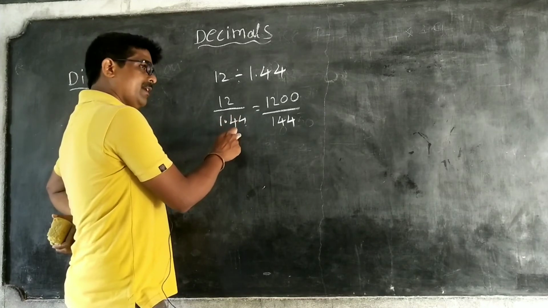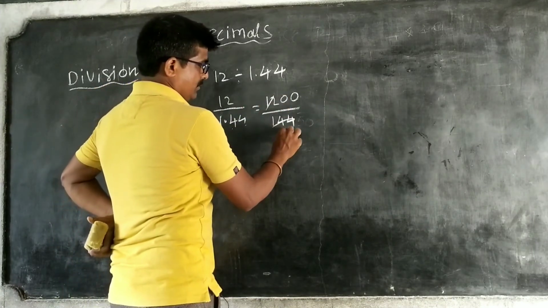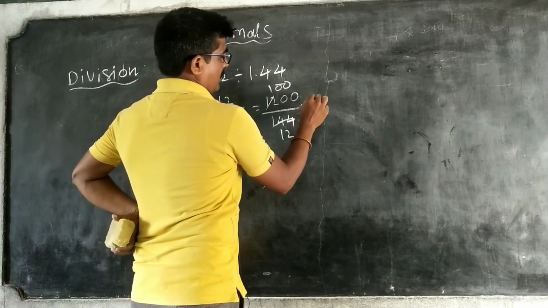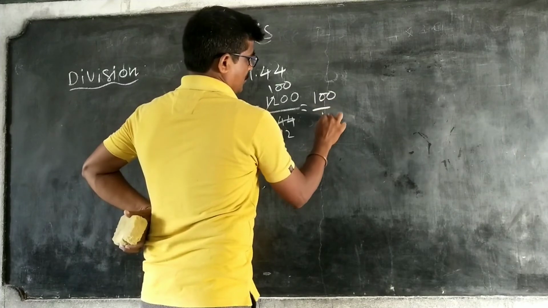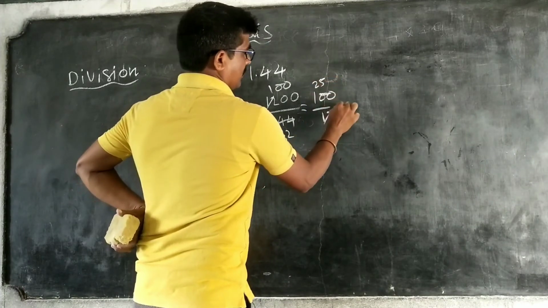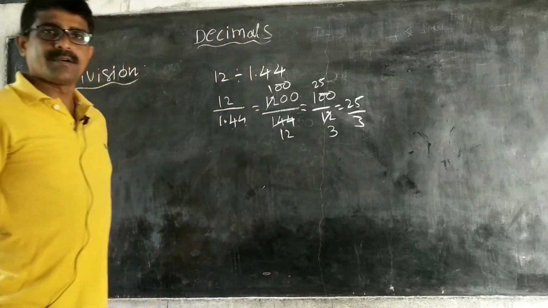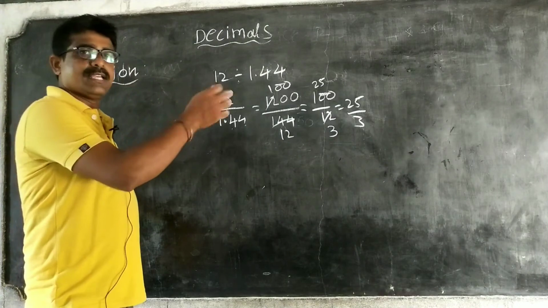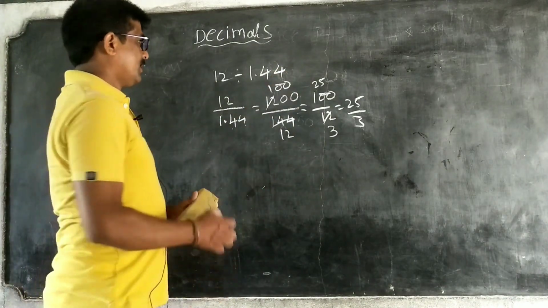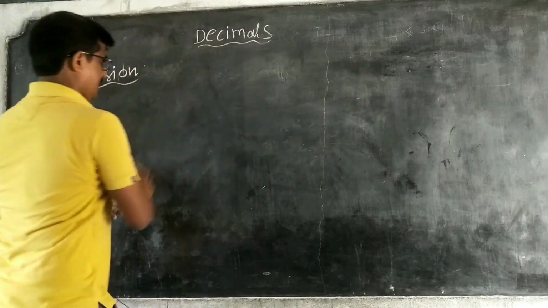If the denominator has decimals, you write zeros in the numerator. That is equal to 12 ones are 12, 12 twelves are 144. That is equal to 100 by 12. Next, 4 threes are 12, 4 twenty-fives are 100. That is equal to 25 by 3. That's enough. Okay. If you have to do the division, that is another thing. You know how to do 25 by 3.